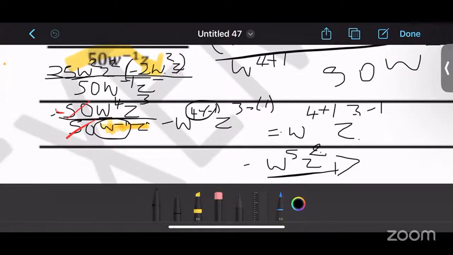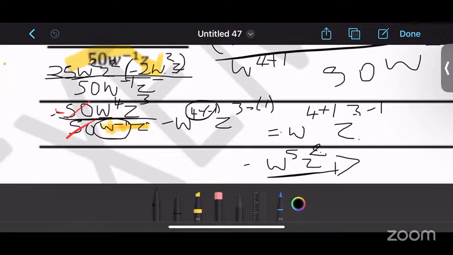So if it's 1, you can't say 1 W to the power of 5 Z to the power of 2, because everything multiplied by 1 is the same. You're just going to say the very same thing that you're multiplying the 1 with. But if it's negative 1, that means it's going to change the sign.